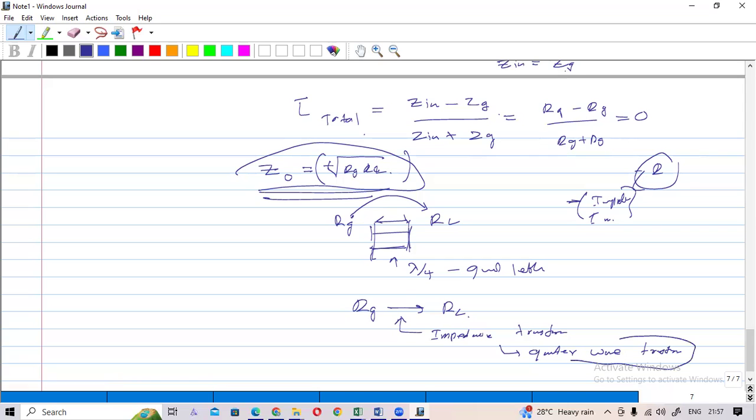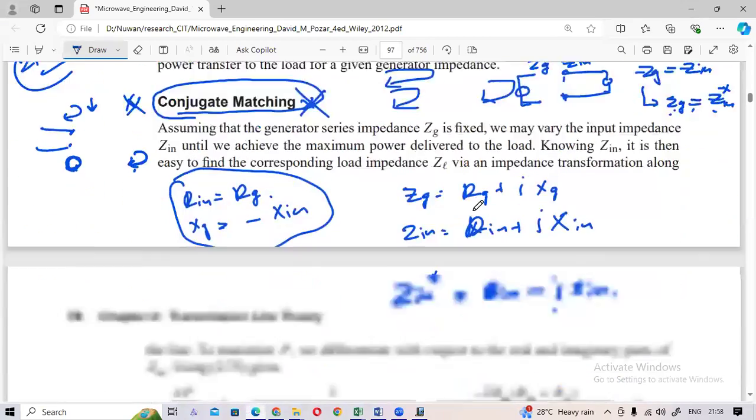Quarter wave transformers can be used to map real source and real load impedance so there is no reflection, but only for real source and real load values.